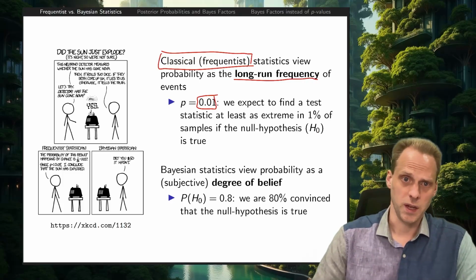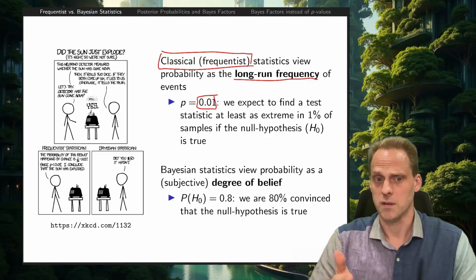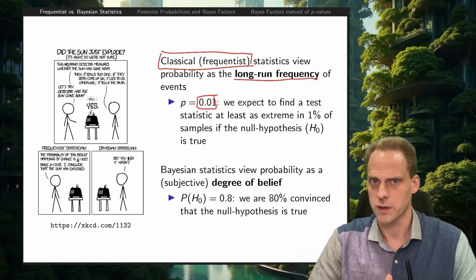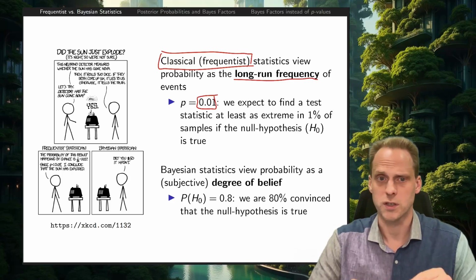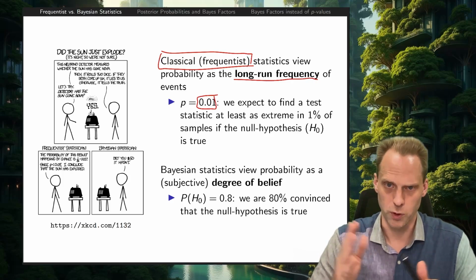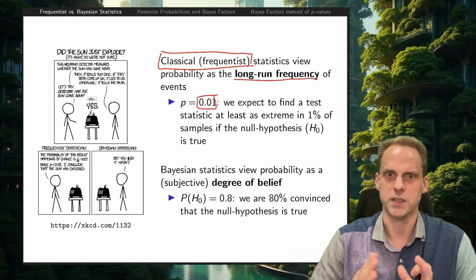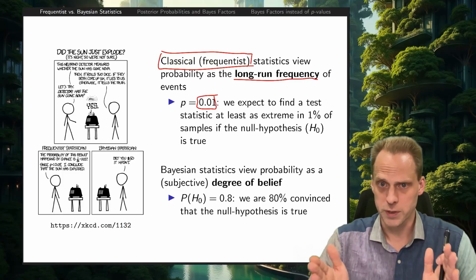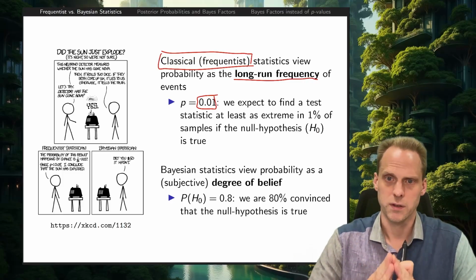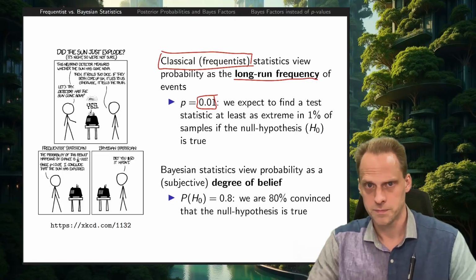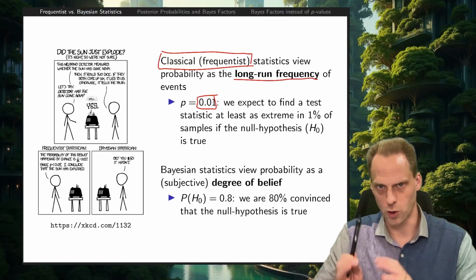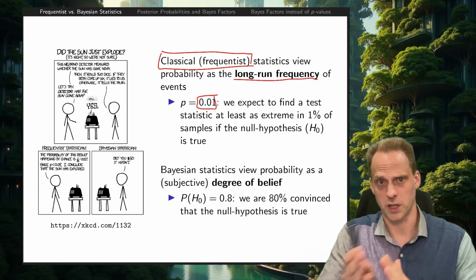Now, importantly, in the frequentist statistics setting, the null hypothesis is either true or not. There is some underlying ground truth. So there's a true correlation in the world, in the population. If we would measure everybody, the entire world, for example, in all possible settings, we would find that exact true correlation. It is either true or it is not. So the null hypothesis is either false or it's not.